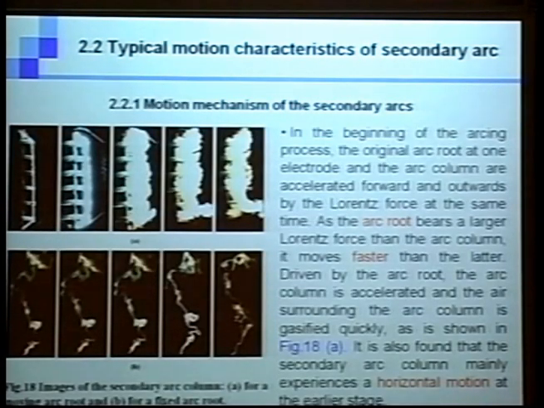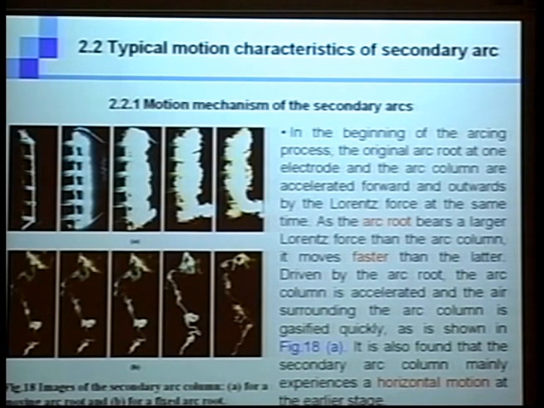Now here is just the summary of the motion mechanism of the secondary arcs. For the upper one, figure A, this is not exactly the secondary arc. It's the primary arc, the short arc. Also, we found that the secondary arc column mainly experiences a horizontal motion at the earlier stage.